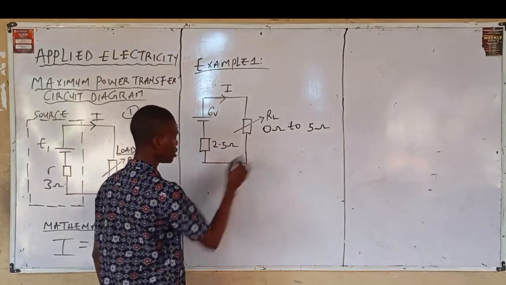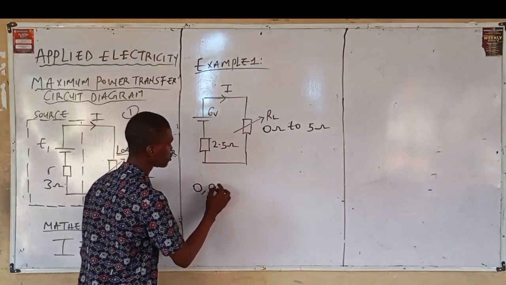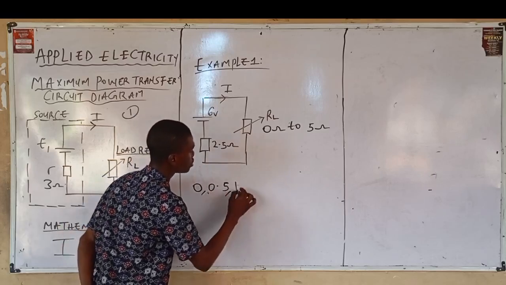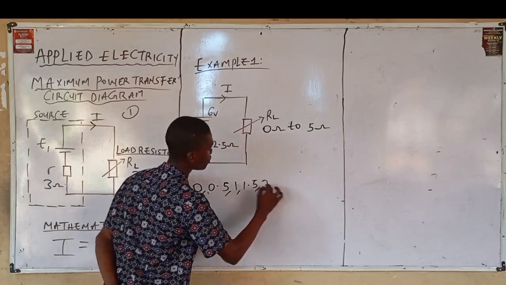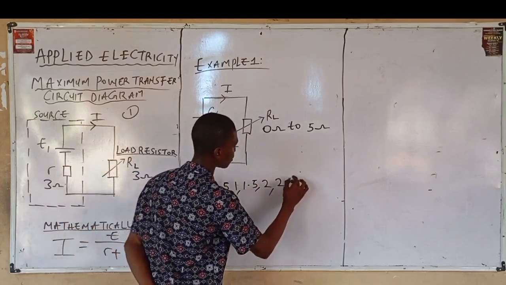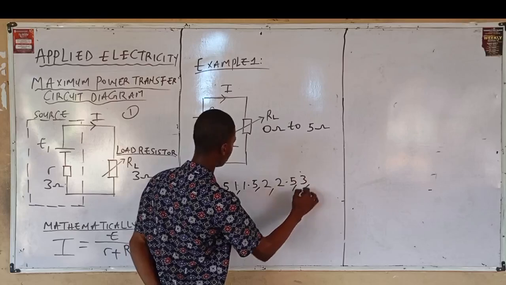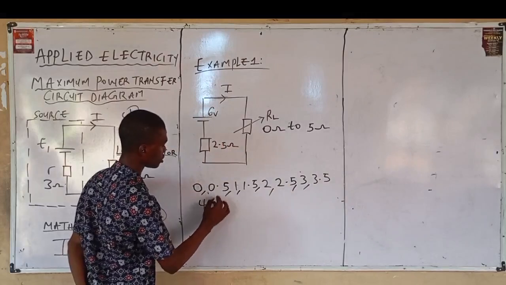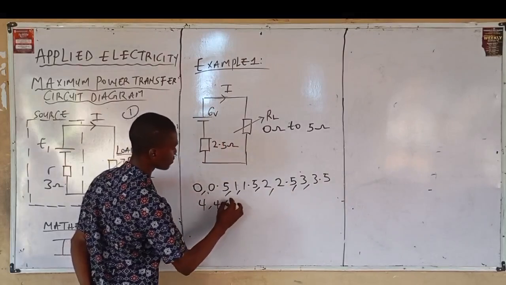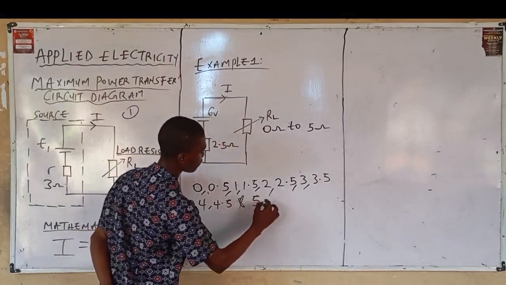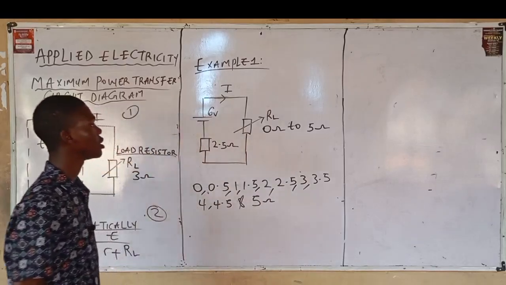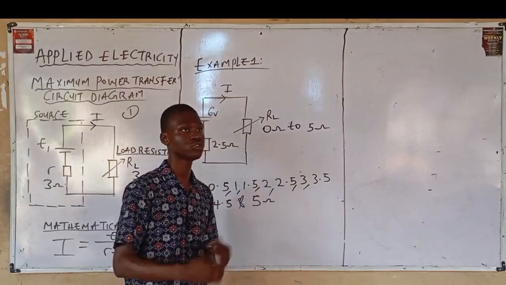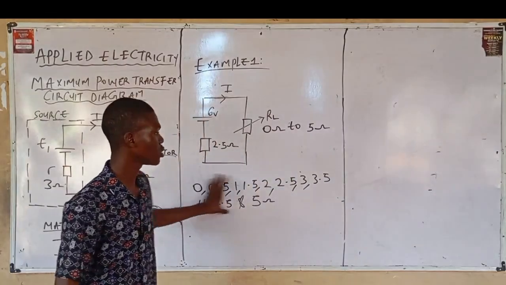Meaning, in this case, it varies from 0, 0.5, 1, 1.5, 2, 2.5, 3, 3.5, 4, 4.5, and of course 5 ohms. So this is what it means, right?